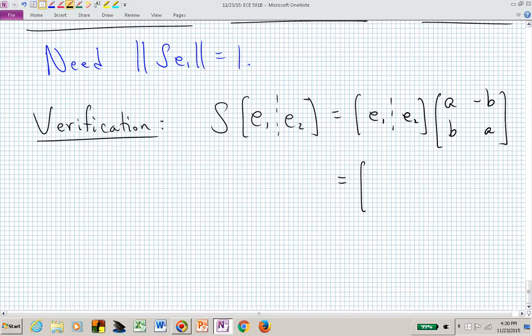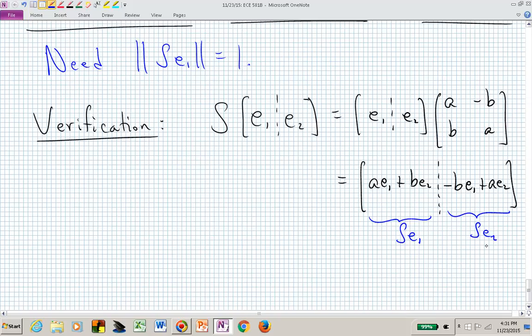If we think of how that matrix weights the columns, then we're weighting E1 by A, and E2 by B, meaning we now have A E1 plus B E sub 2. That's the first column, and the second column is minus B E1 plus A E sub 2. And I hope it's clear that this piece is really just SE1, and this piece is SE2.